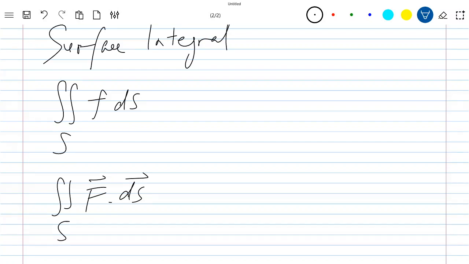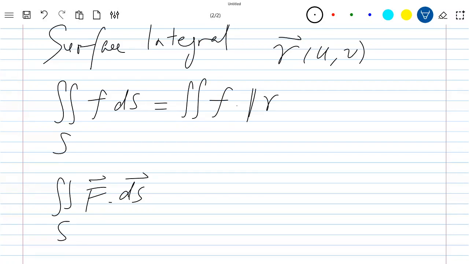So if we use u and v to parameterize that, instead of just one symbol t, then we will have this one equals f times the norm of r_u cross r_v du dv.